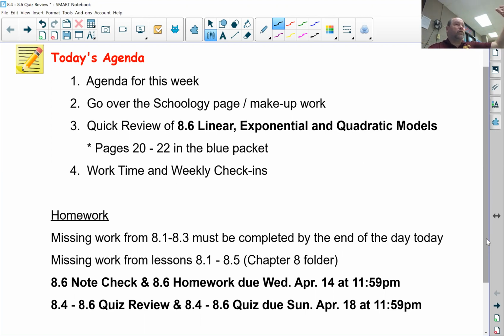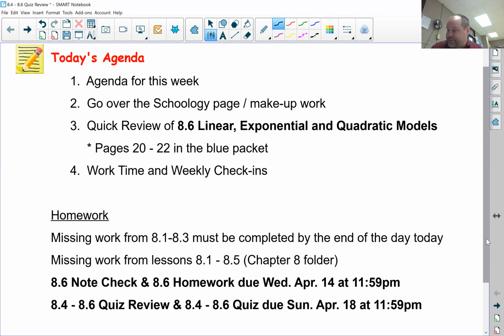Again, your midterm grade is going to be based on what you've completed. So again, anything in 8.1 to 8.3 that's not completed will be marked as missing, and most of it has been already. I think the quiz and the 8.1 to 8.3 review have not.